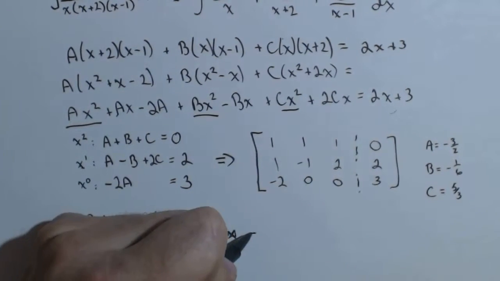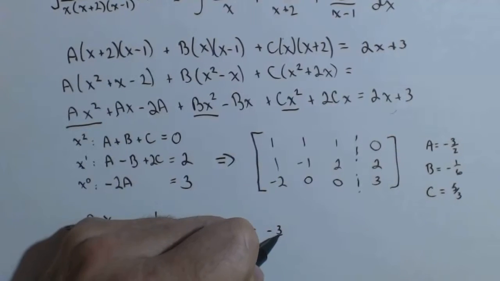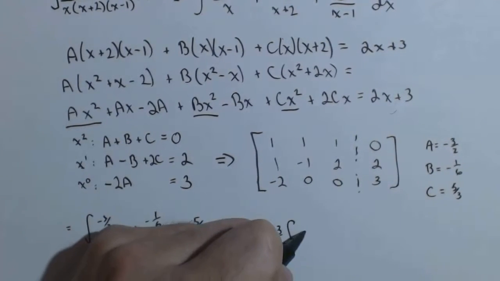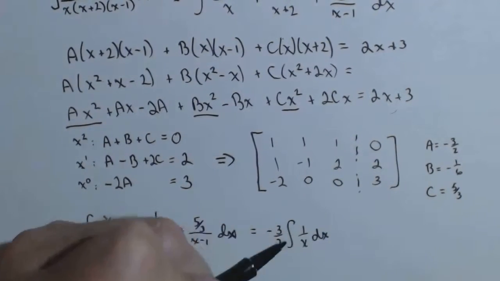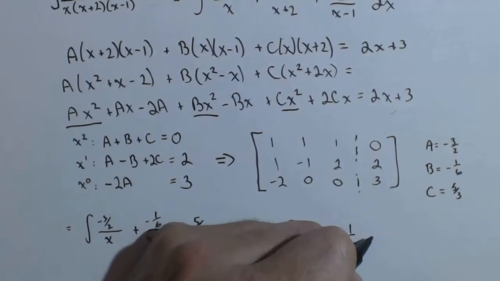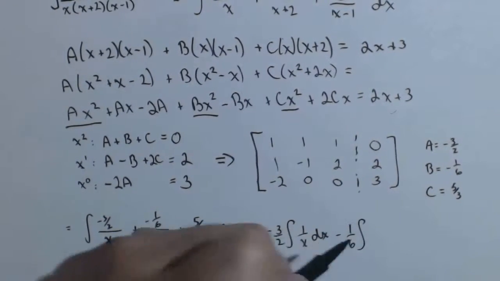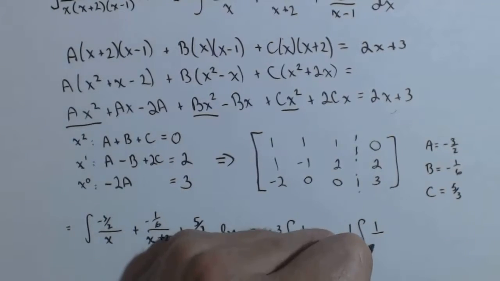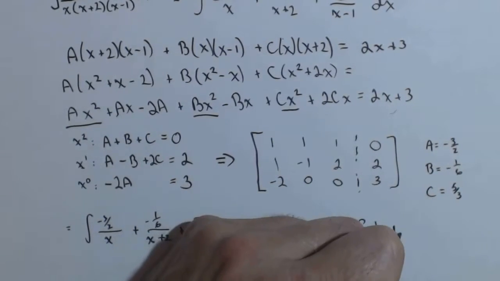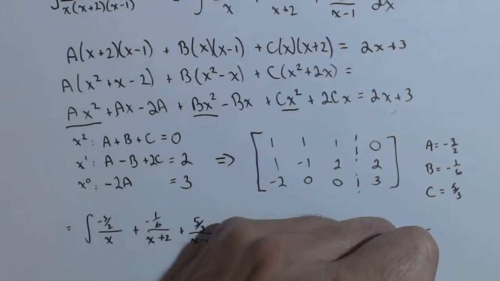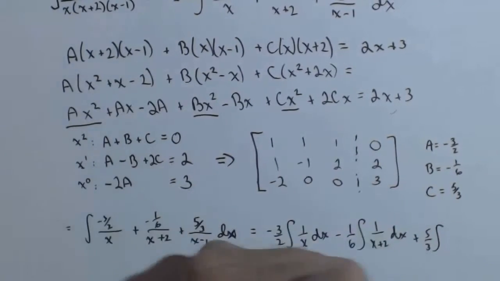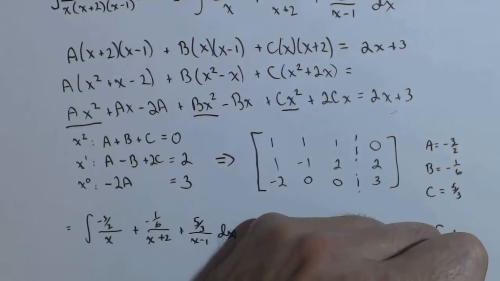In fact, we could rewrite this as -3/2 times the integral of 1 over x dx minus 1/6 the integral of 1 over x plus 2 dx plus 5/3 times the integral of 1 over x minus 1 dx.